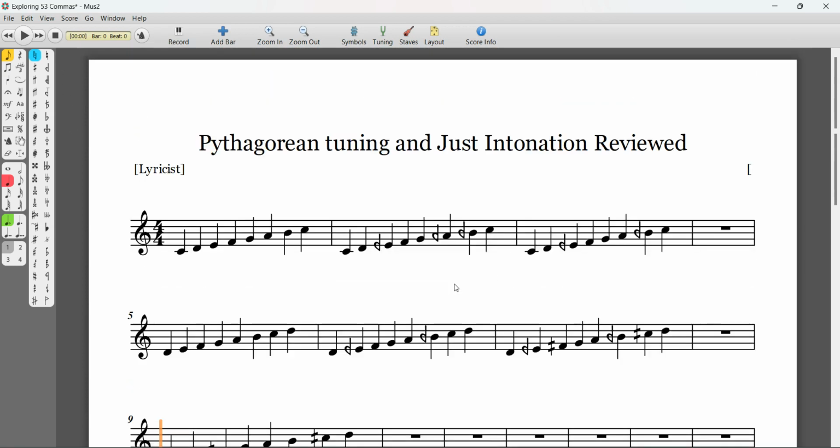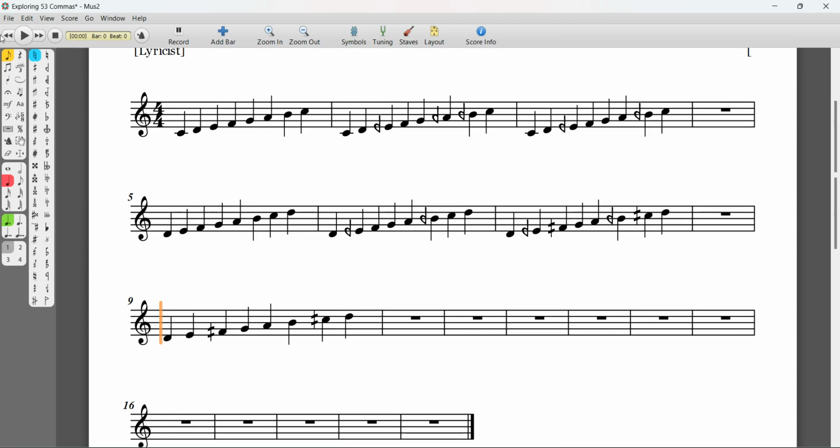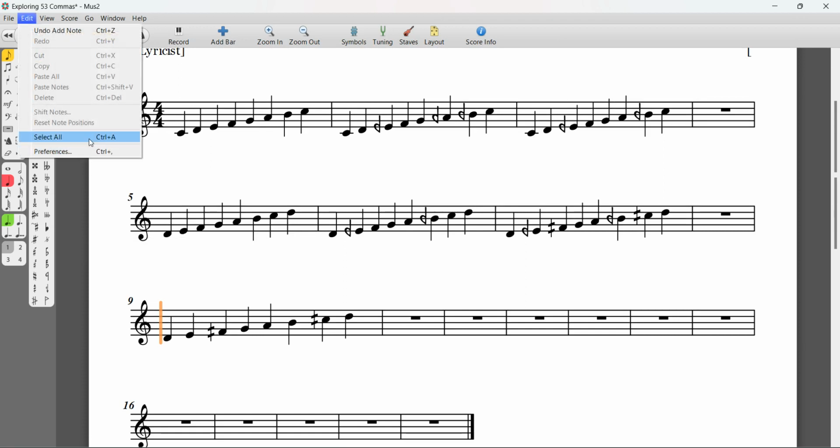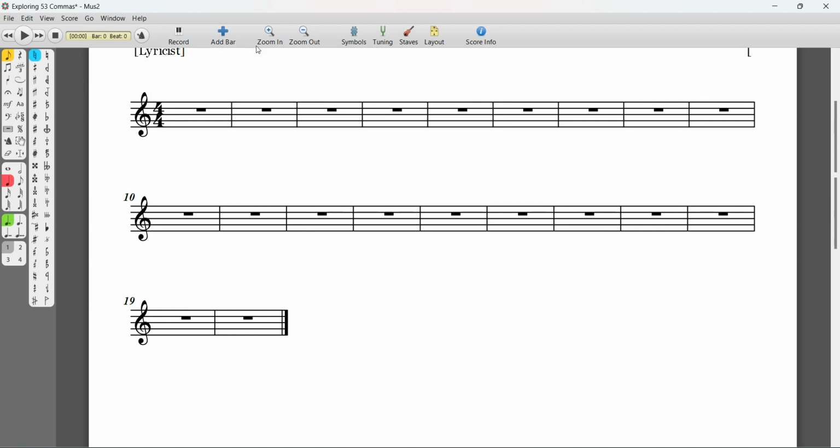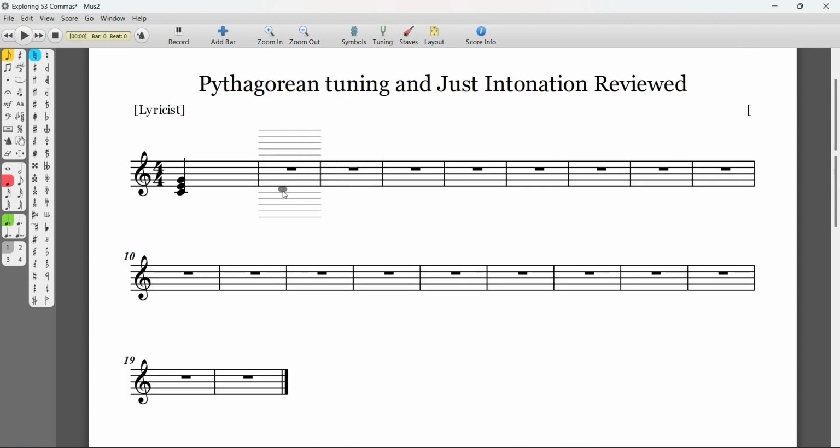So things become a lot more interesting. We can get lots of different chords now. We can, for example, get our Pythagorean major chord. We can also get some sort of just major chord.